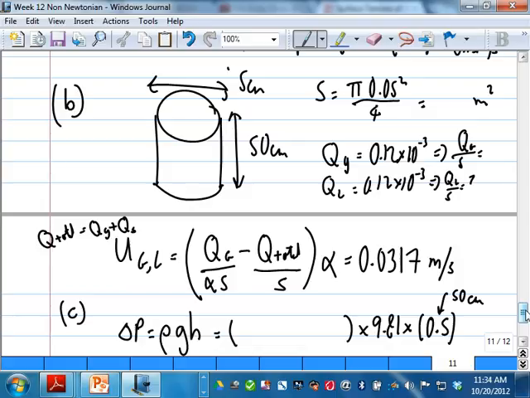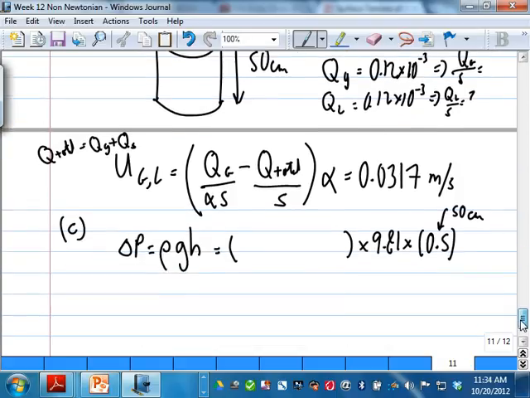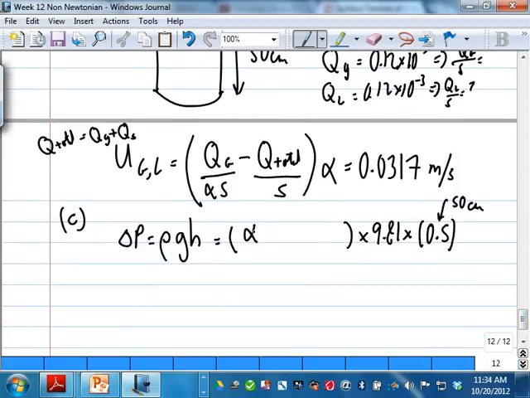So the volumetric average is alpha times rho G plus 1 minus alpha times rho liquid, where alpha is the void fraction, the fraction of gas.